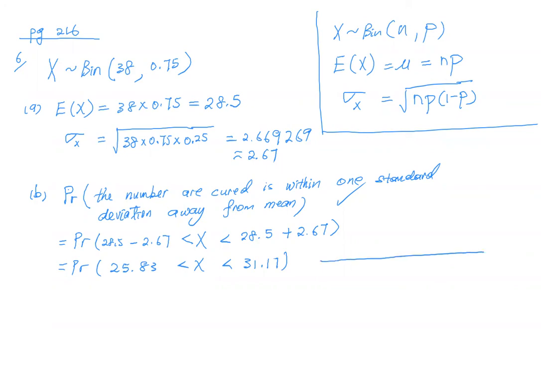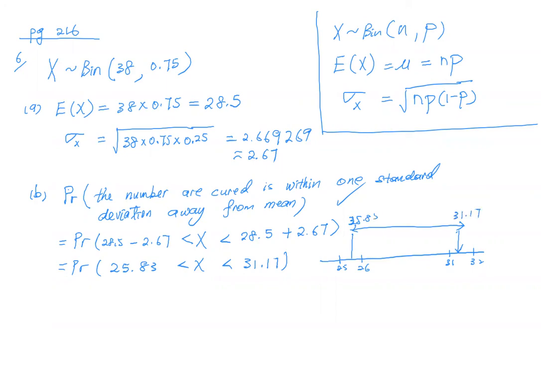But we have to remember that x must take a whole number, correct? So look, 25 is here, 26 is here, 31 is here, 32 is here. So it must be from here to here, that is 25.83 to 31.17.